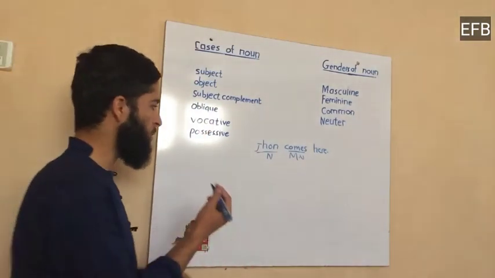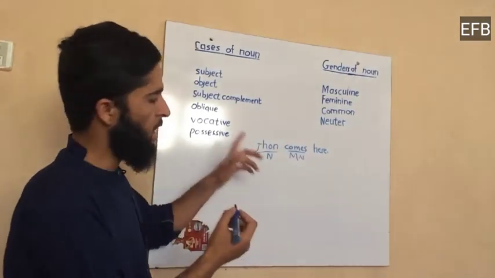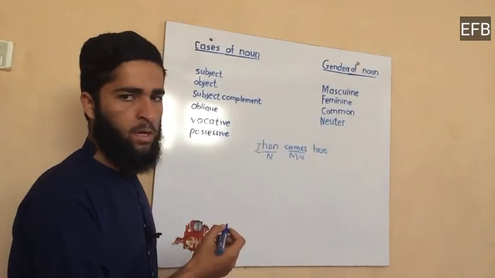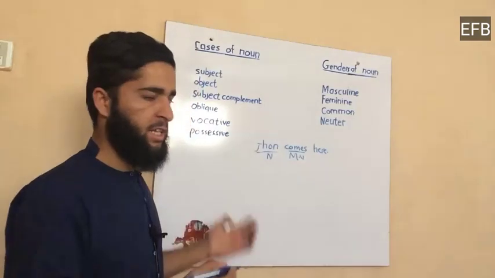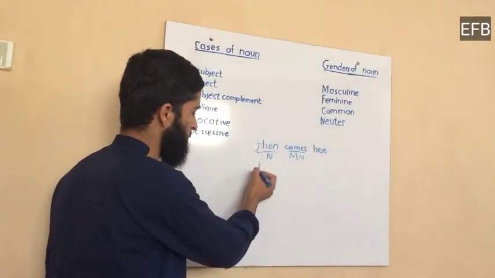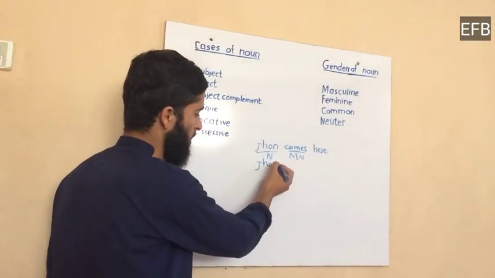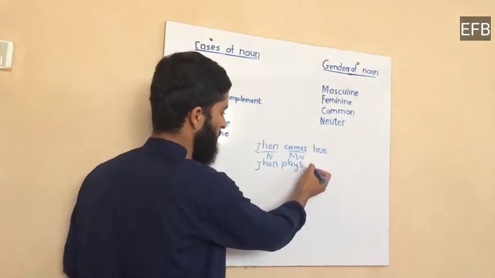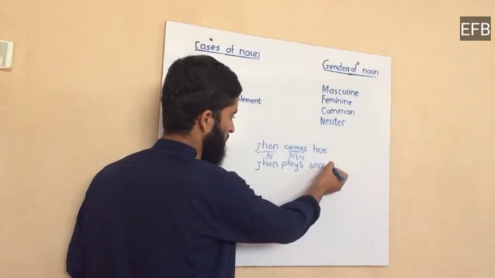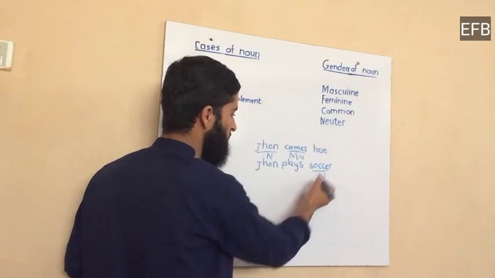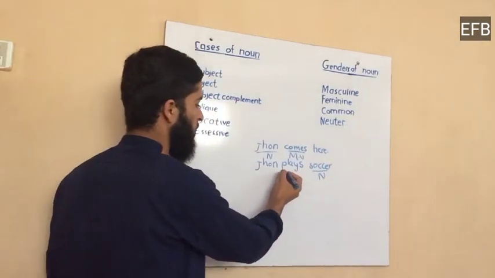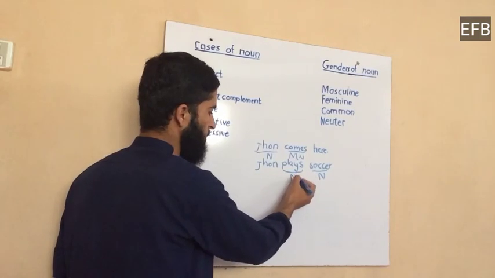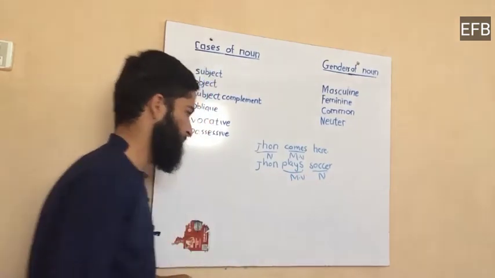So object case is the opposite of subject case. What I mean from opposite is that the noun comes after the main verb in object case. For example, if I say John plays soccer, in this sentence soccer is a noun and the main verb is plays.